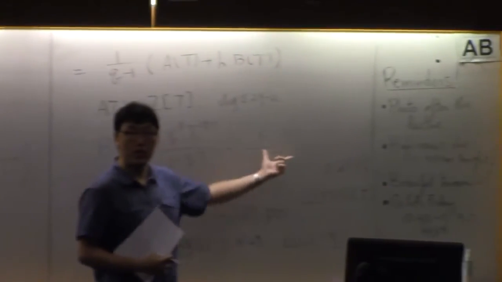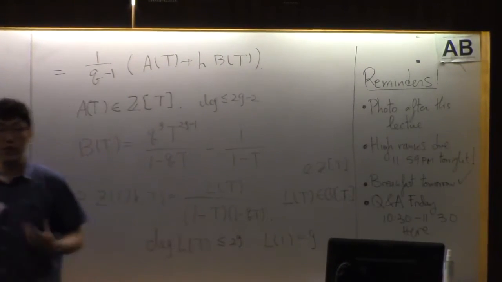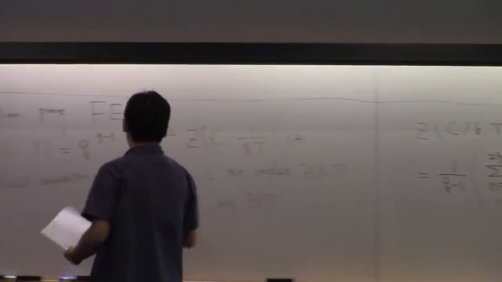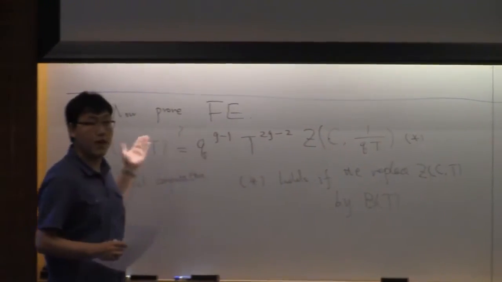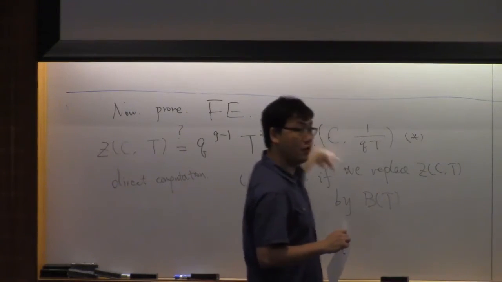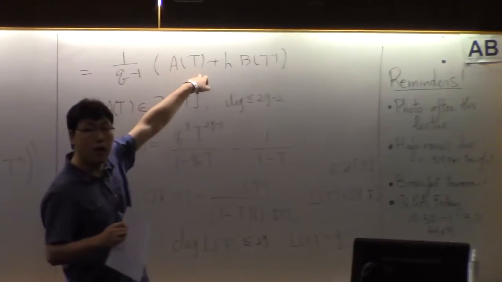Because for the rational function B(T), we have a very explicit expression, you just do the computation by hand. You show that the rational function B(T) satisfies this functional equation. Then, if you want to prove the functional equation for the zeta function, it is enough to prove the functional equation for the polynomial A(T). Okay?